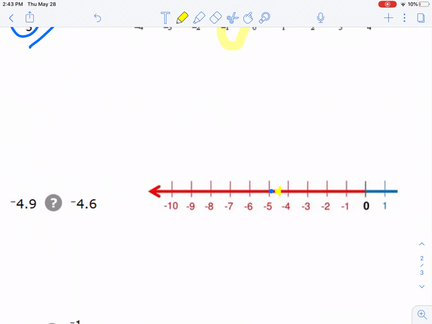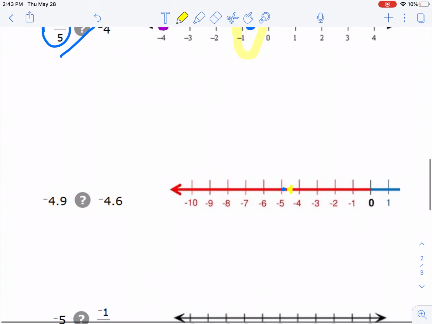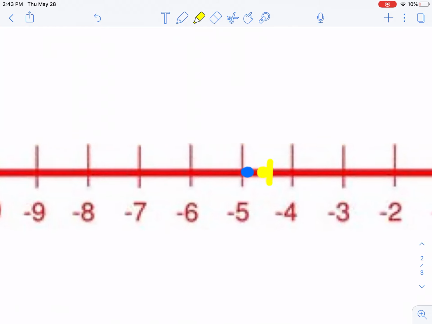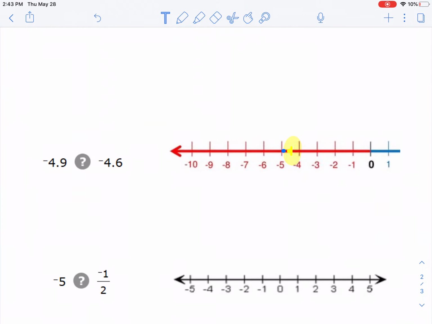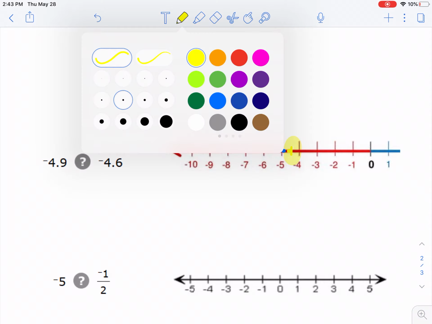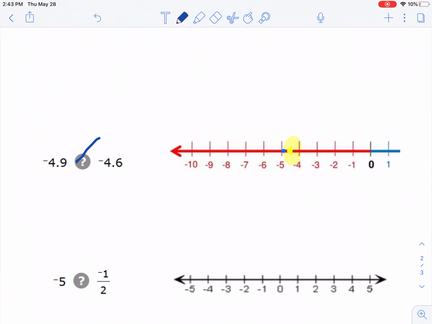So these two are super, super close. But again, you have to be careful. Which one is closest to 0? And if I zoom this in, well, I know my yellow dot, which was -4.6, is going to be larger. It's closer to 0. And I think that's the trickiest part when you're comparing two negative numbers. Just keep that in mind and use the number line to help you.